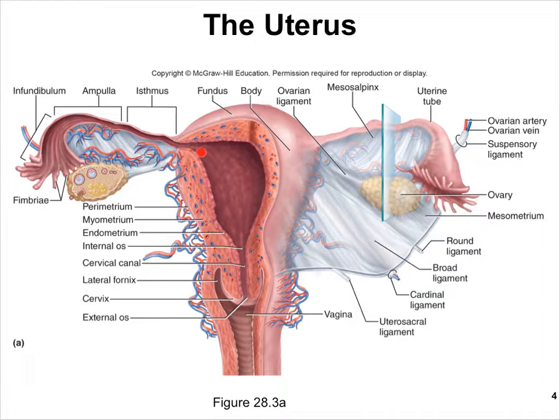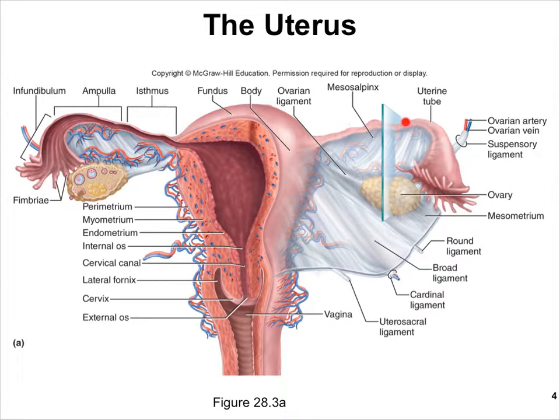And the endometrium, which we will be talking about more extensively, is epithelial tissue plus some other stuff, and it actually changes in its composition and its thickness over the course of the female sexual cycle.